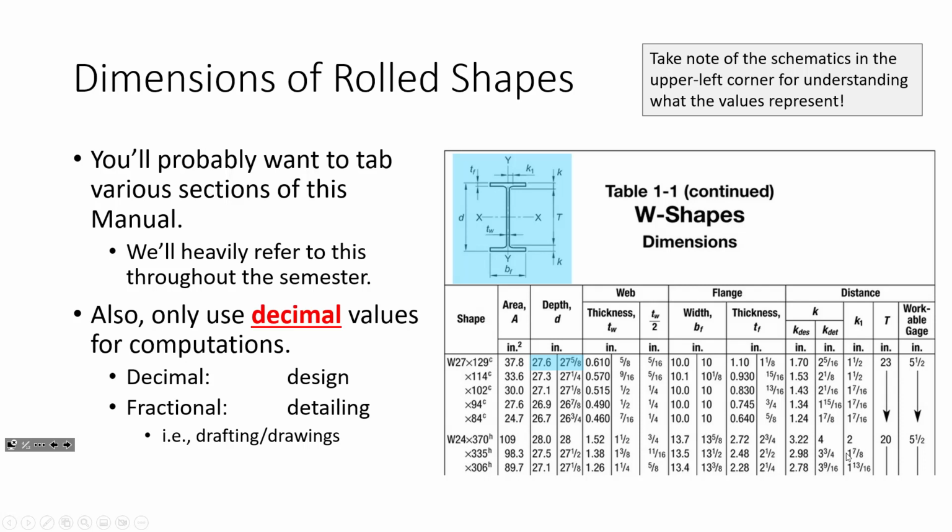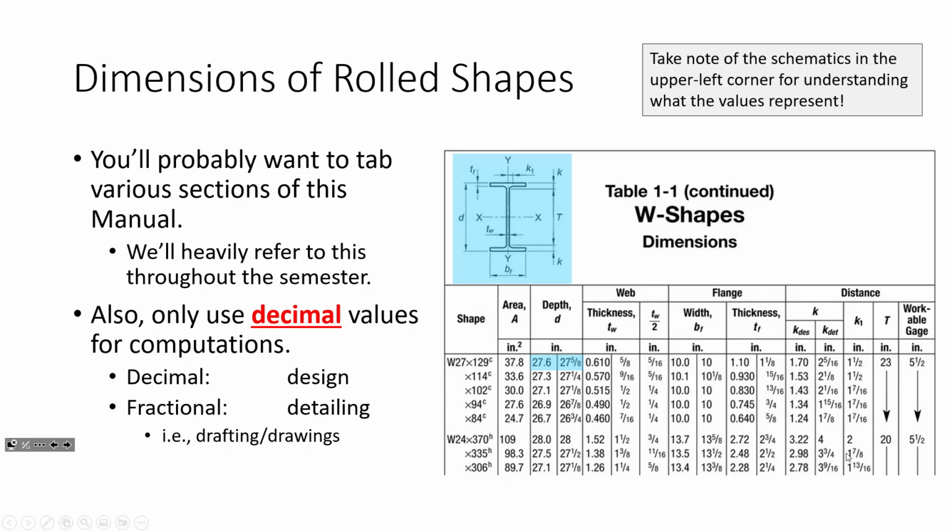I'm going to talk here in a bit about what exactly those parts mean, what they represent, or what the different types of hot rolled products are that we use in the United States. But this is a perfect example of one of these types of references in the manual.